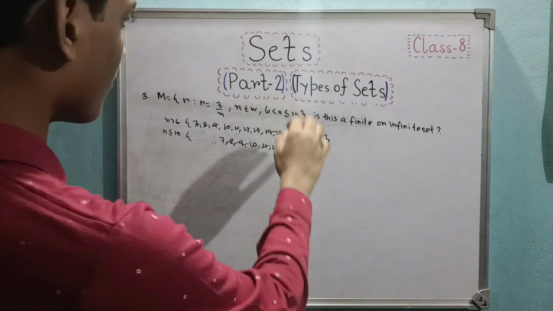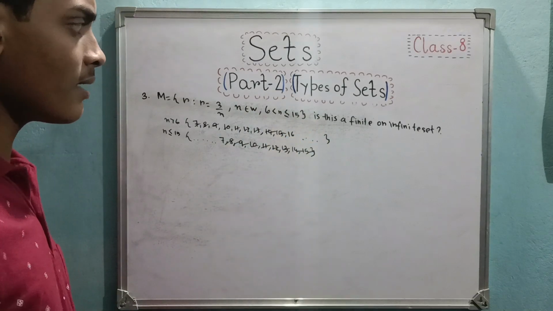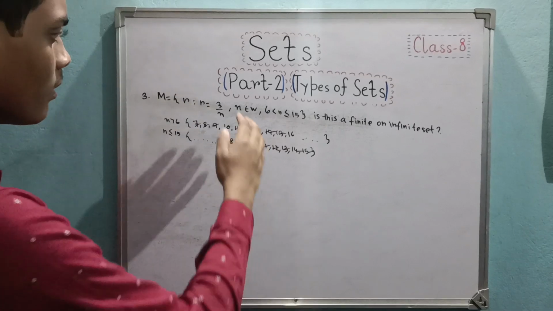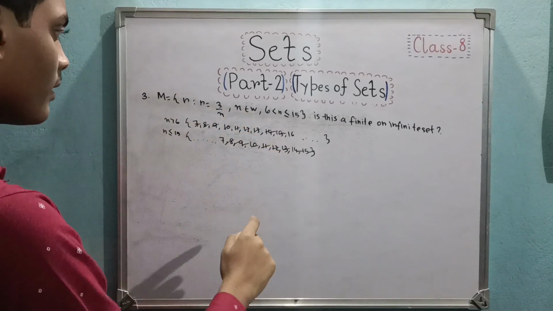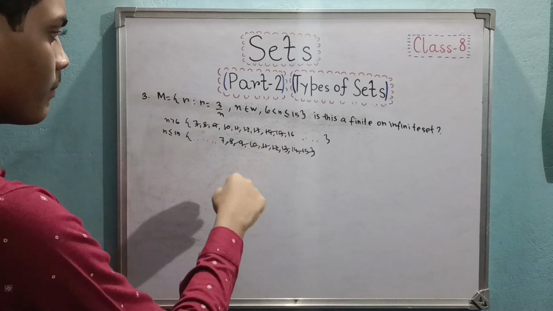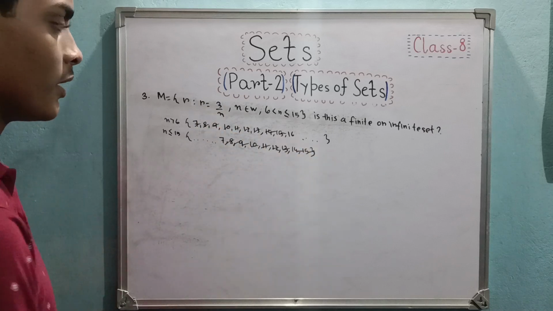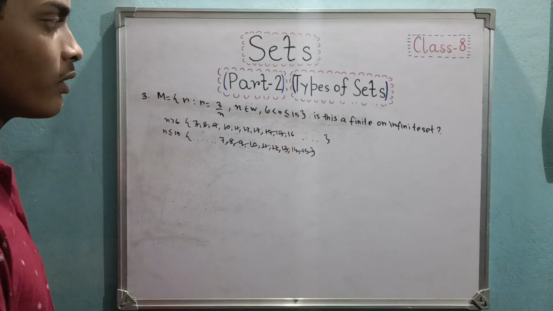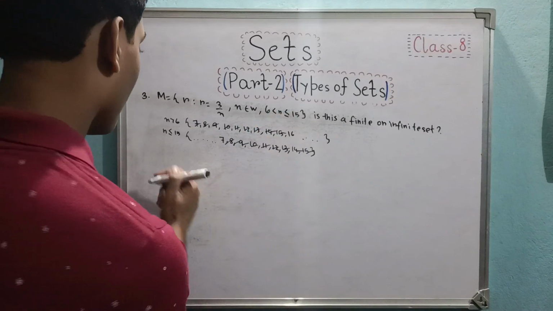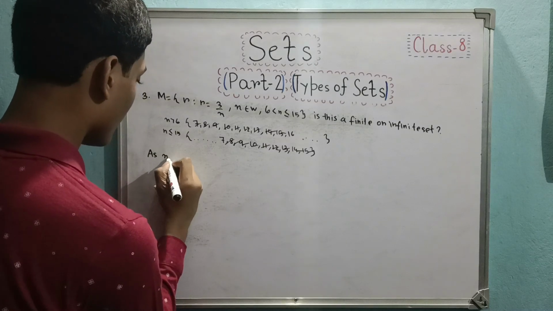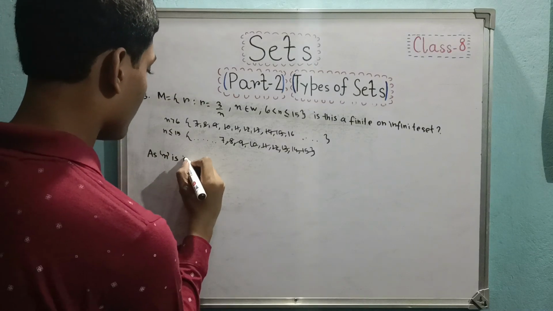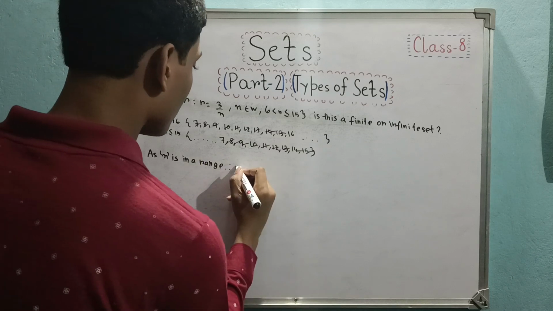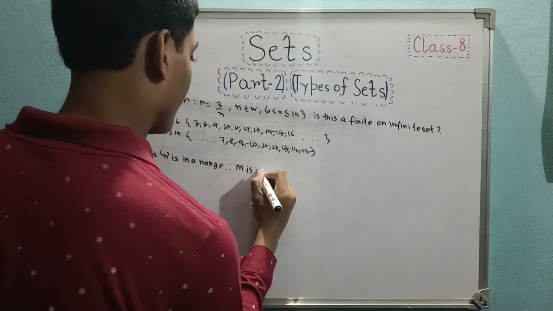Whenever you see numbers in a range, understand that it is a finite set. If you do the long calculation, you will get the set as 3 by 7, 3 by 8, 3 by 9 meaning 1 by 3, and so on up to 15. That will be a finite set. But see, N is already within a range. So you can directly write here: N is in a range. Therefore, it is a finite set.